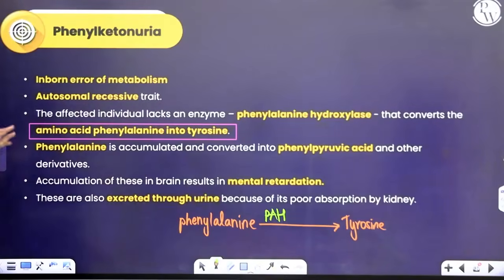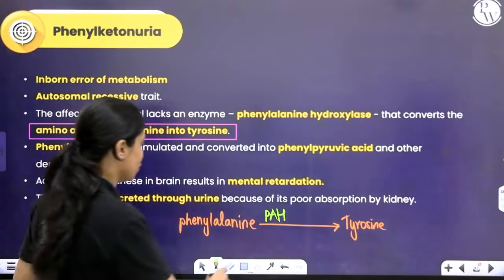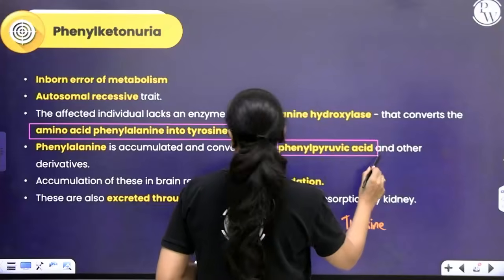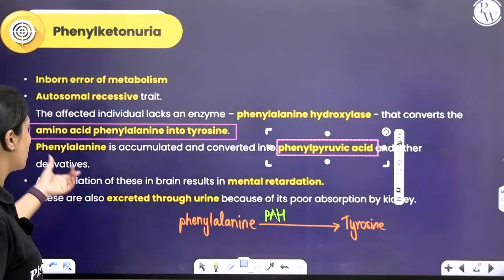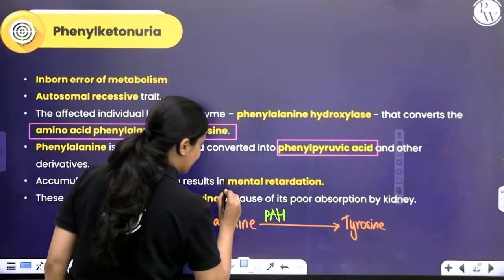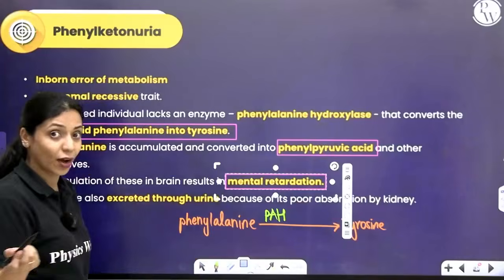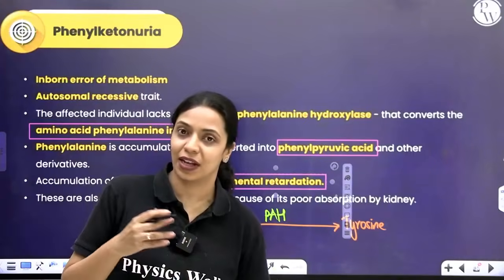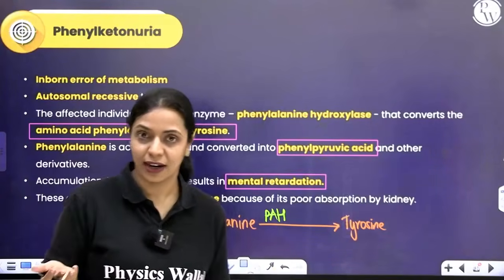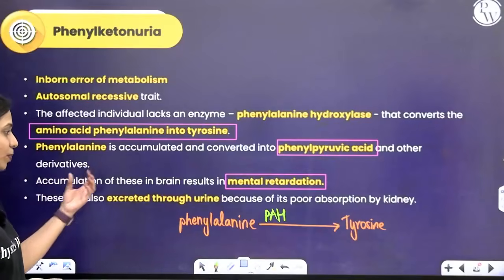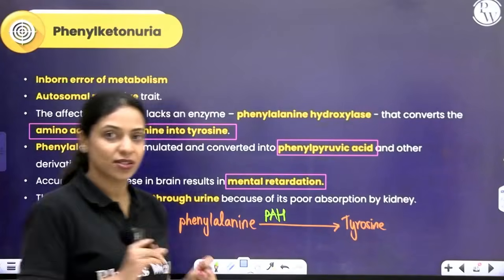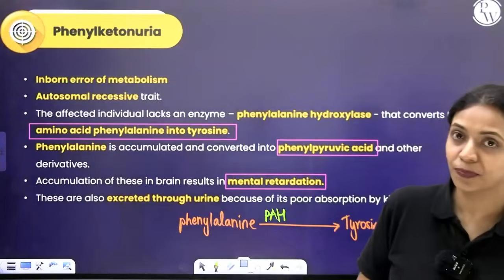So if this gets accumulated in the brain, it causes mental retardation. Remember how I told you one of the effects of phenylketonuria is mental retardation. It can also be excreted through the urine because it's not absorbed properly by the kidneys.